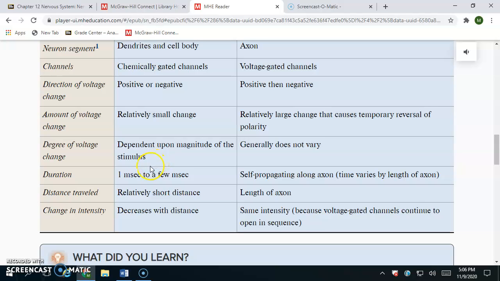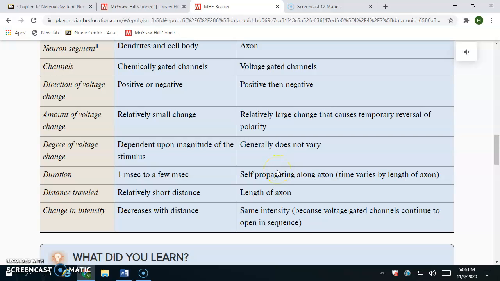If we have a lot of neurotransmitters releasing from presynaptic neurons and binding to a lot of chemically gated sodium ion channels, then we have a large stimulus, and we can get a much larger change in voltage. But when it comes to an action potential, it's all or none.